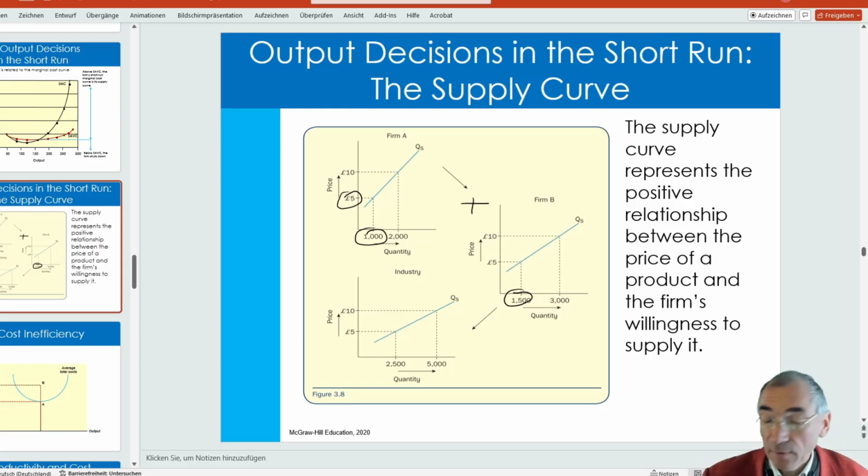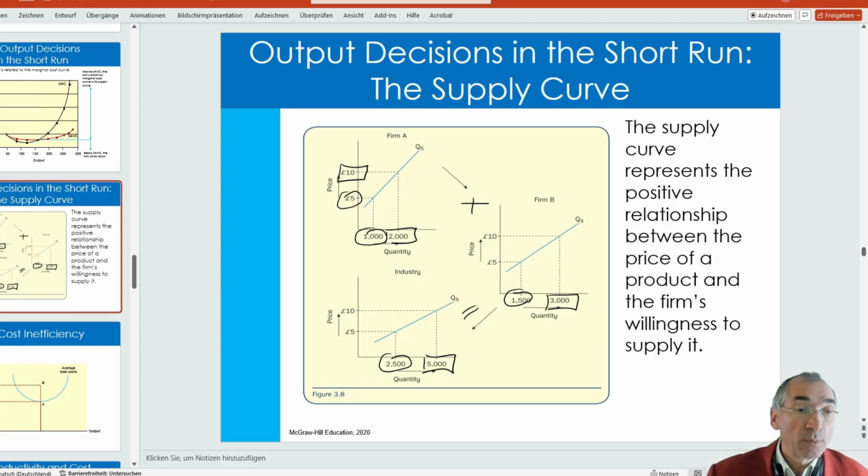Of course, we normally have tens of thousands, but here we just take 2, and then at the price of 5 we come to a market supply of 2,500, and the same at a price of 10. The first firm supplies 2,000, the second firm supplies 3,000, and then our market supply is 5,000. And that's the way we derive the market supply curve that is defined also here.